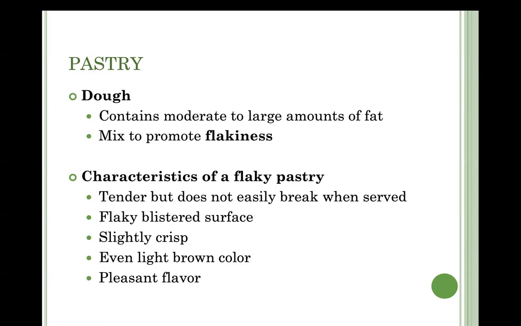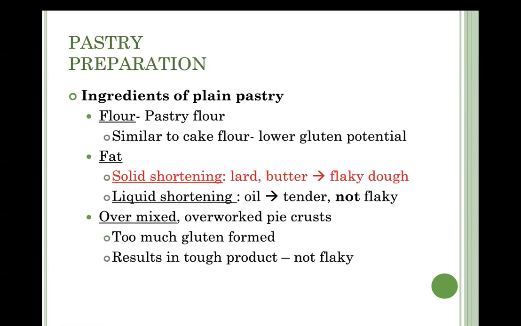Why does this happen? Because the fat literally creates a barrier between gelatinized starches, and when you put them into the oven to cook, it melts away after the starch has gelatinized.